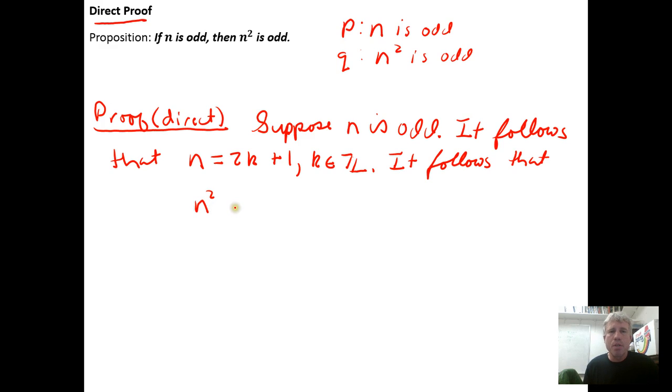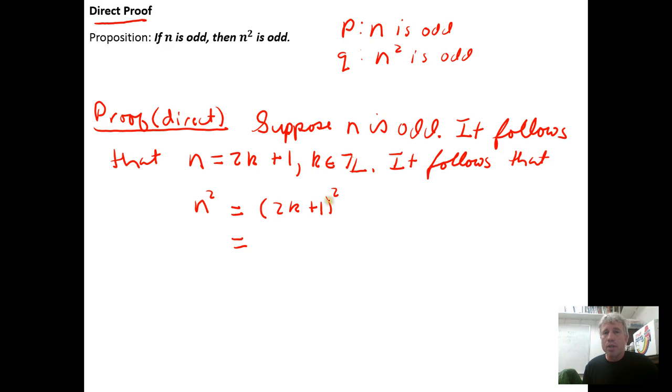So let's do something with n squared now. What does it look like? Well, if n is equal to 2k plus 1, then n squared is going to look like (2k plus 1) squared. And what we want to demonstrate is that n squared will have a remainder of 1 after division by 2. That will prove that n squared is odd.